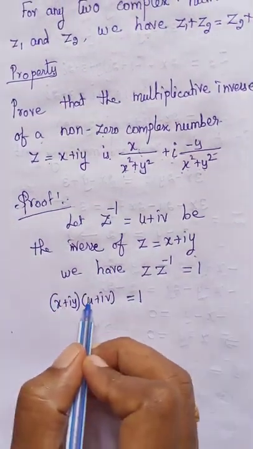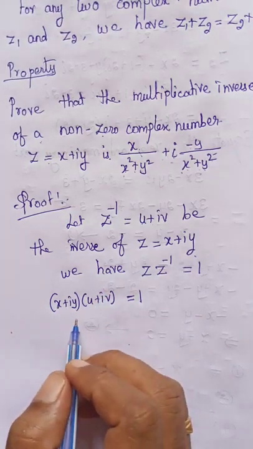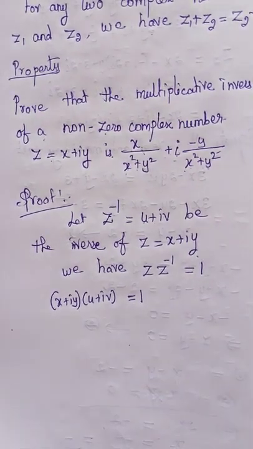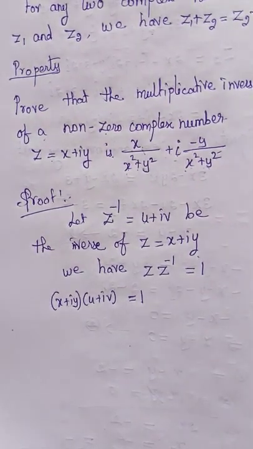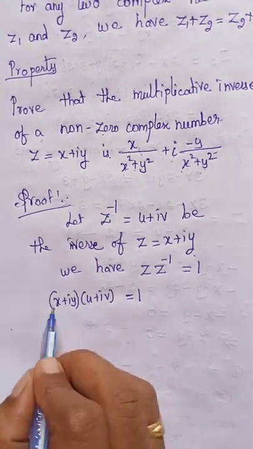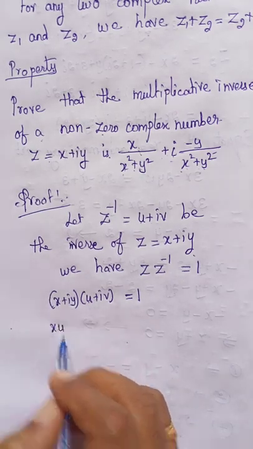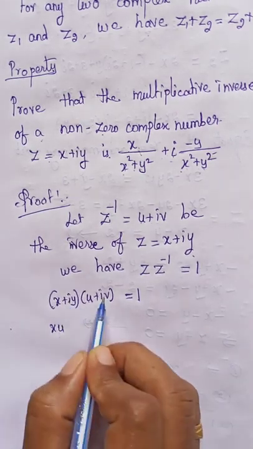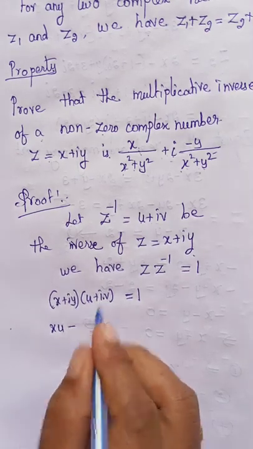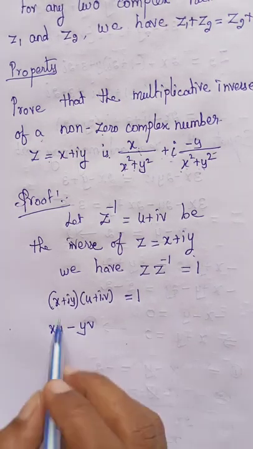See, either you can multiply ordinarily or even you can write it directly. Yesterday we learned a formula, but it's easy for you. See, real part means we know that x and u is a real part, isn't it? When you multiply these two, we will be getting a real part. Then i into i, we know that is minus 1. So minus y into v. Simple only, no, that's the real part.